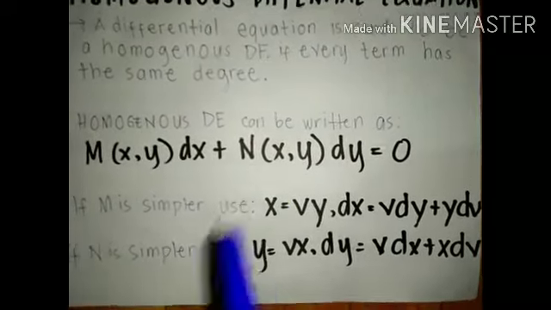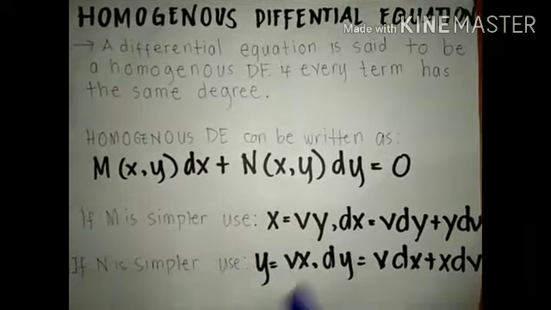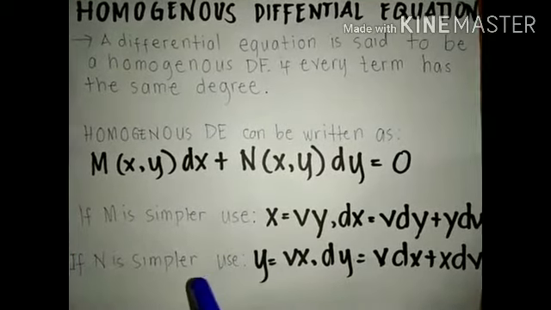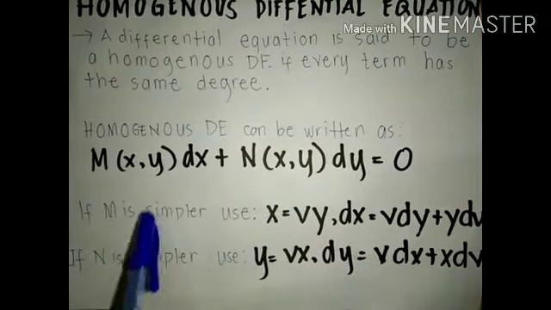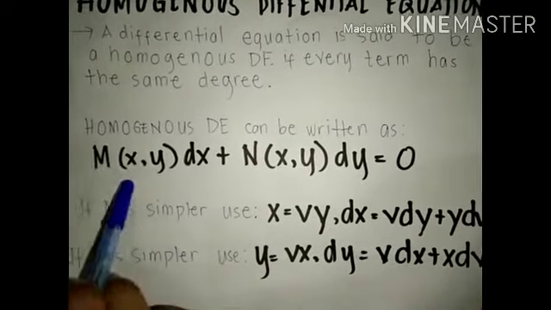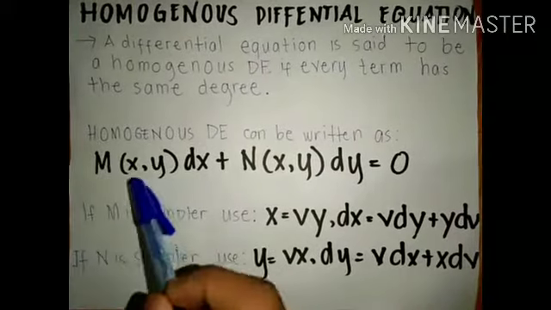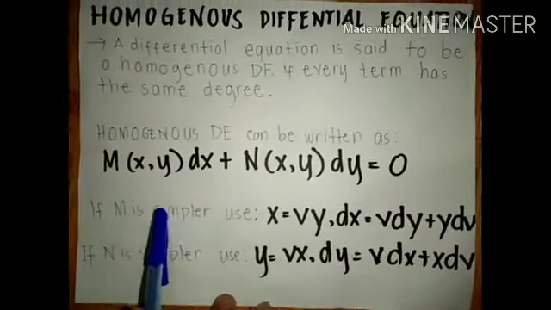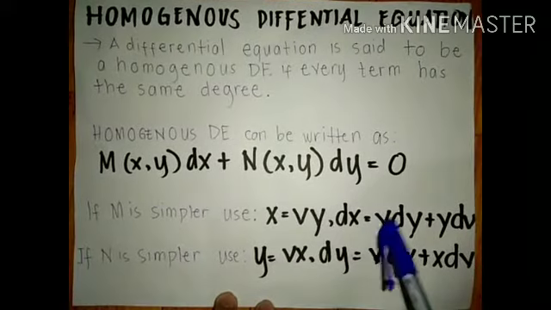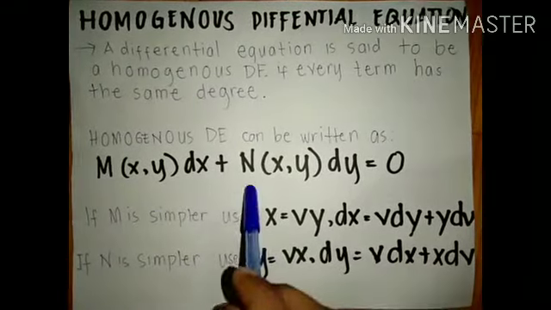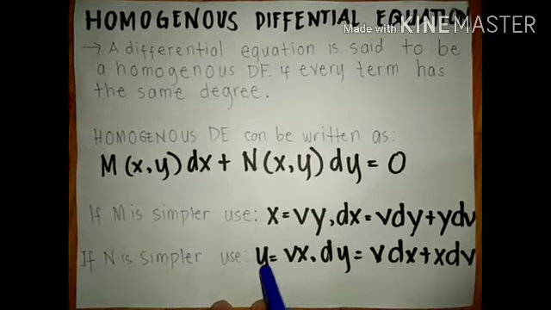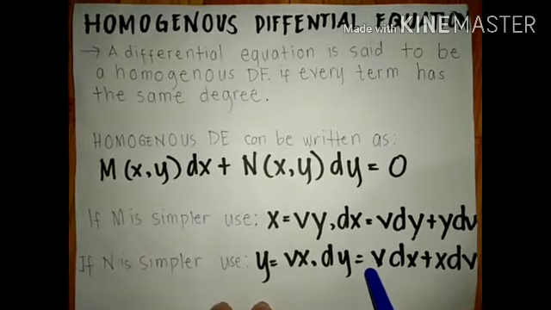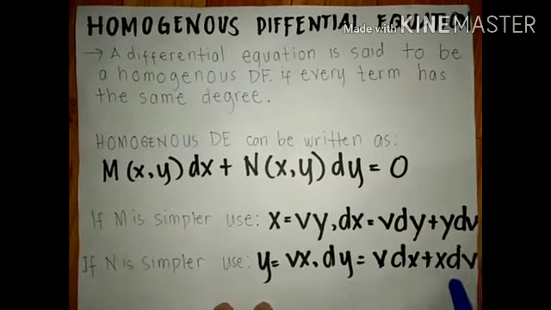So actually we use whichever substitution is simpler. It is recommended that if M is simpler, we use x equals vy. Then if N is simpler, we use y equals vx, dy equals v dx plus x dv.